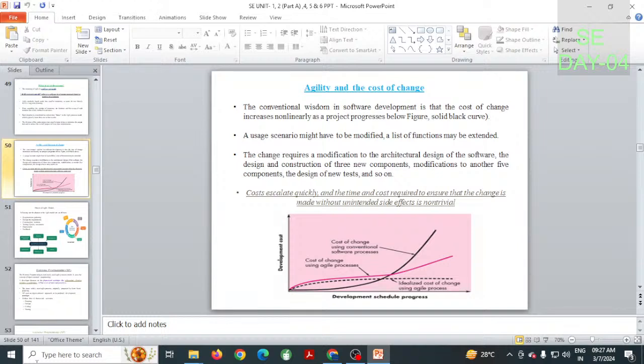Here one thing we should remember, the cost can escalate very quickly, and the time and cost are required to ensure that the change is made without unintended side effects. These side effects are non-trivial.